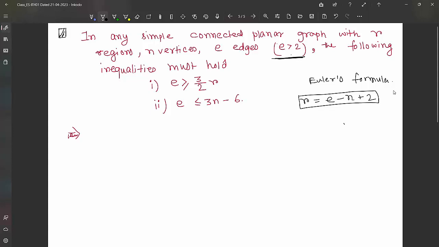Now tell me, to produce one bounded region, how many edges are required? 3, sir.